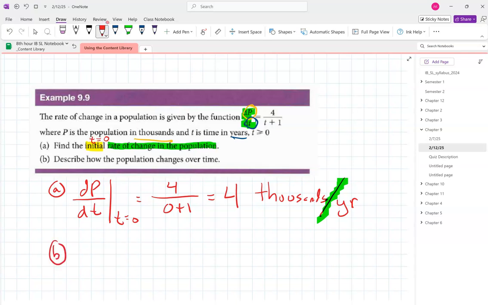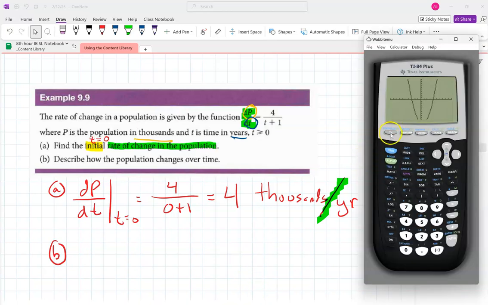Part B says, describe how the population changes over time. So to do that, I would start by looking at a graph of the derivative. So that gave me the derivative. I'm going to graph that.